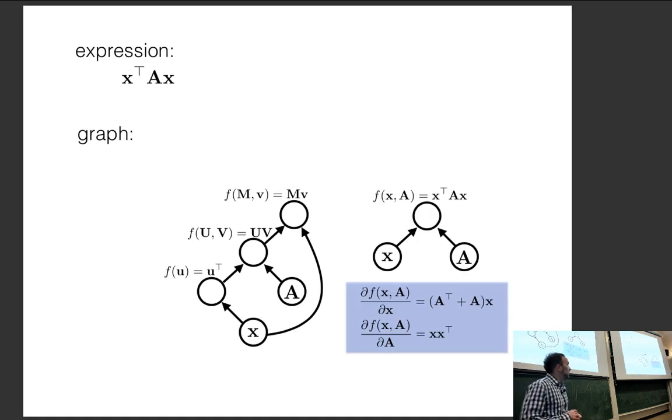Another thing is, if your neural network toolkit thinks this is important enough, it can also implement these functions in a more concise or efficient way. Let's say vector transpose times matrix times vector was a really common thing that you wanted to do a lot in whatever fancy neural network architecture you want to be using.